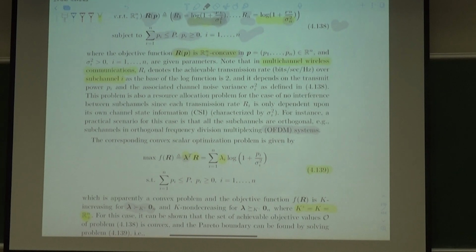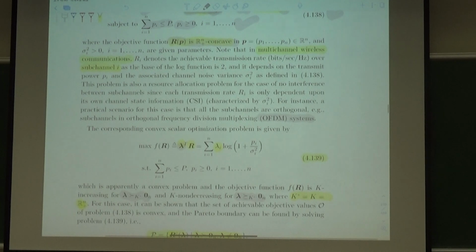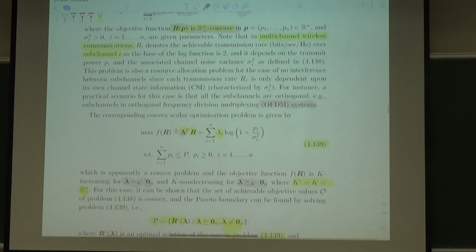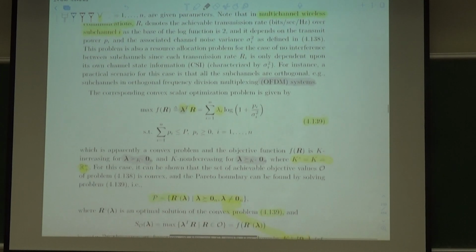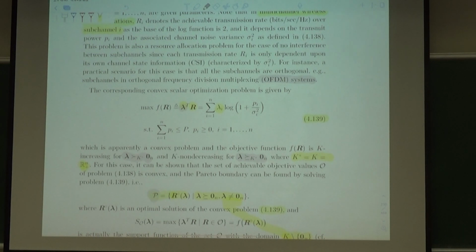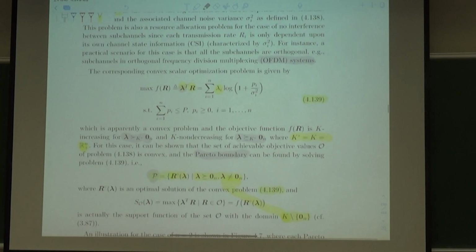Some explanation: you just choose lambda greater than or equal to 0. Then we try to find the set of the Pareto boundary. That means you solve this maximization problem.